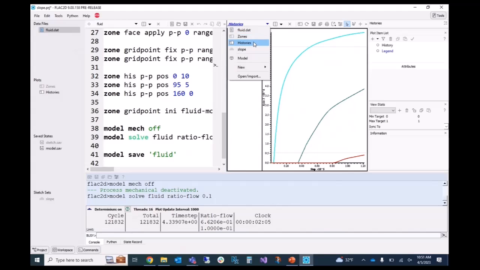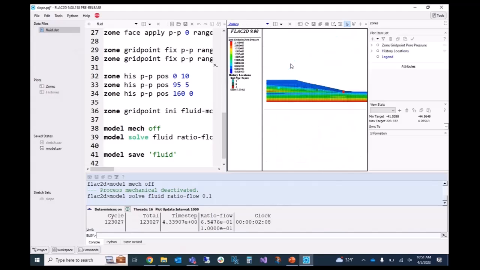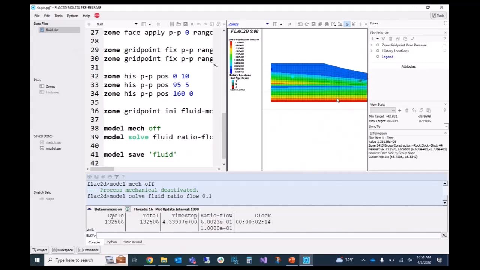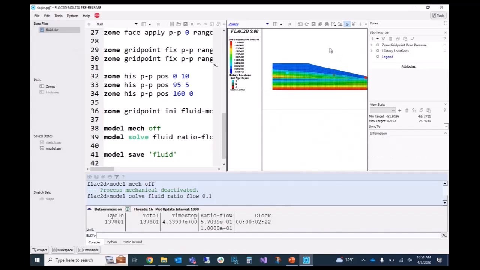Let's go back to my other plot, see how it's doing. So hopefully yours is looking something like this. You can see how there's this water table at the bottom. There's this layer of low pore pressure, and then there's this water table forming at the top here.